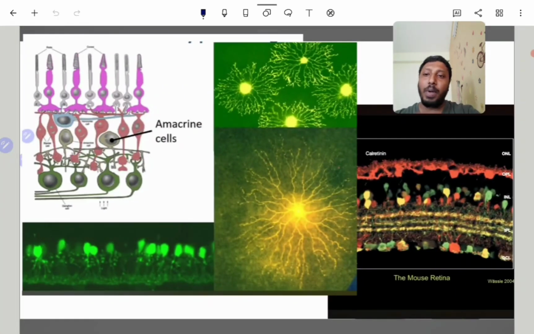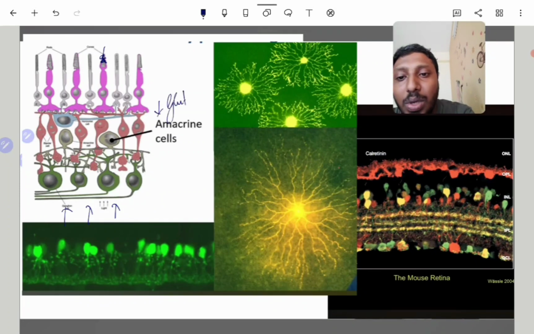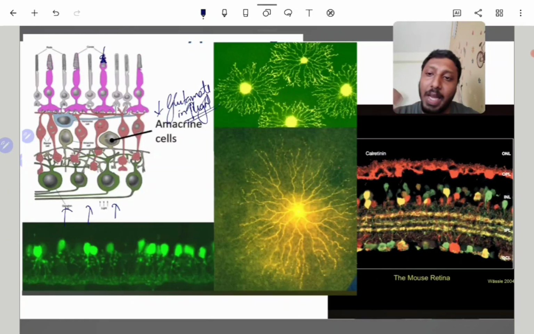So light comes from this side, goes through, and activates the cone cells. These cone cells reduce glutamate in response to increased light. So that is a signal. Whenever light comes here, the glutamate gets reduced.